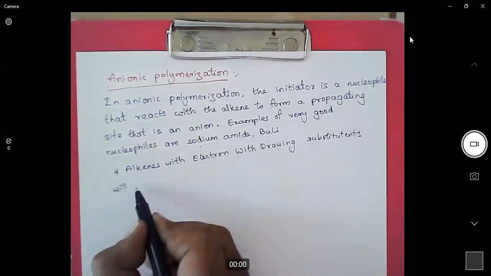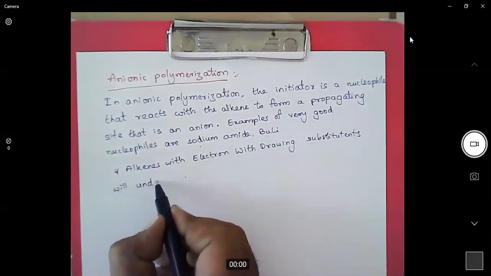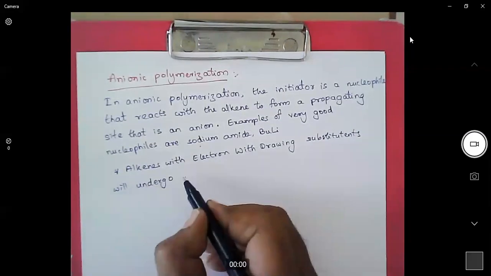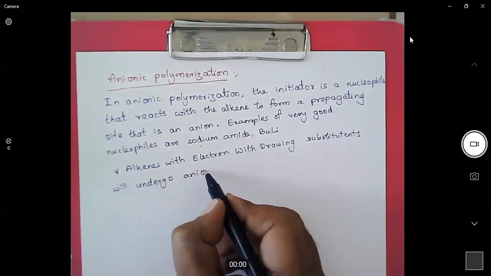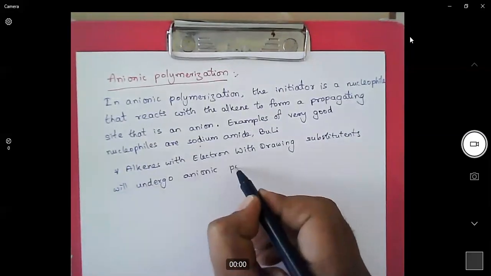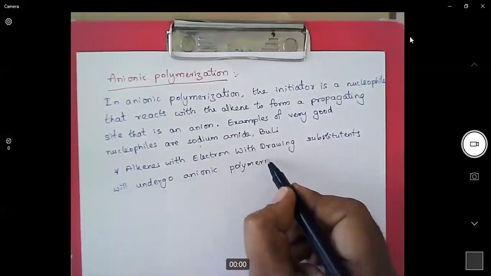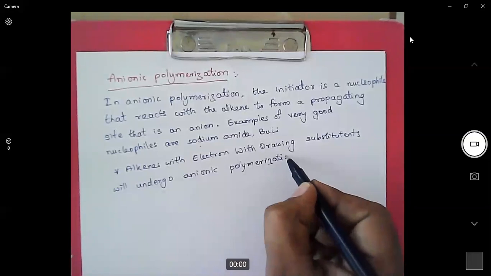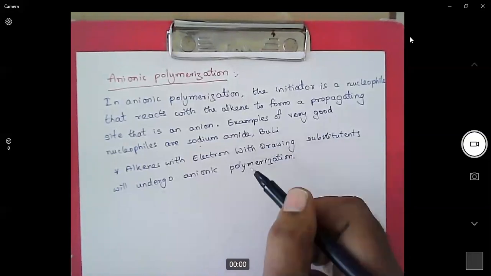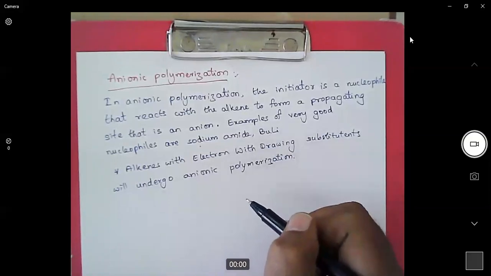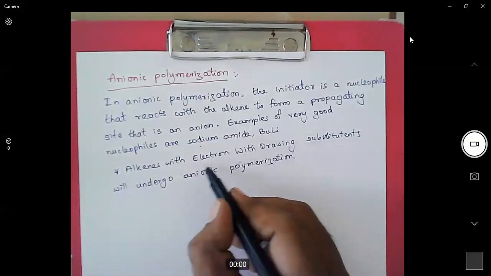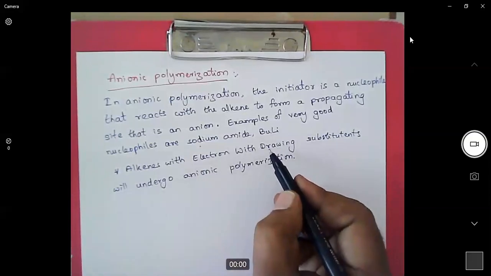will undergo anionic polymerization. You know, we are generating anions in the reaction. When we look at the stability of anions, anions with electron withdrawing substituents are more stable.